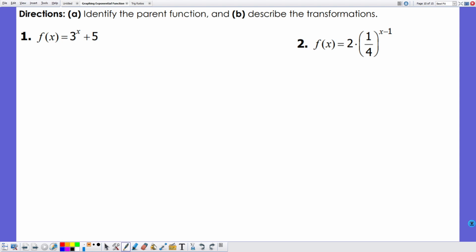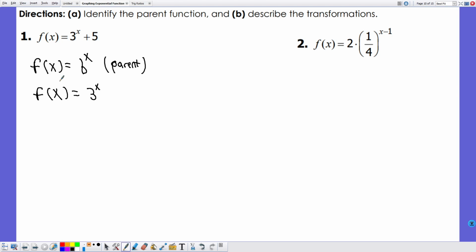How to identify the behaviors of our functions. We want to identify the parent function and describe how we're transforming it. So in part A, our parent function, as you can remember, is always f of x equals b to the x power. In problem 1, our b value is going to be 3, because b is the value being raised to the x power.